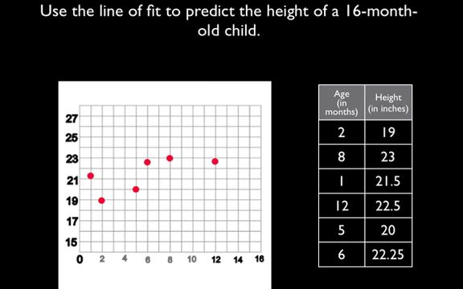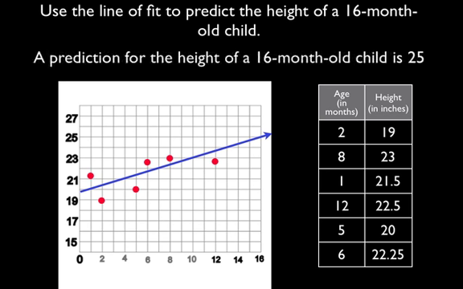In this case, we're going to use the line of fit to predict the height of a 16-month-old. But once again, it's just a prediction. Is it exact? No. But based on our line of fit, we can predict that a 16-month-old child is probably going to be about 25 inches.